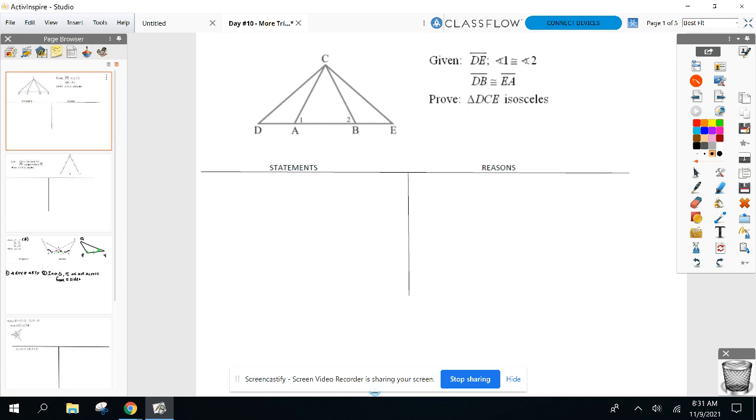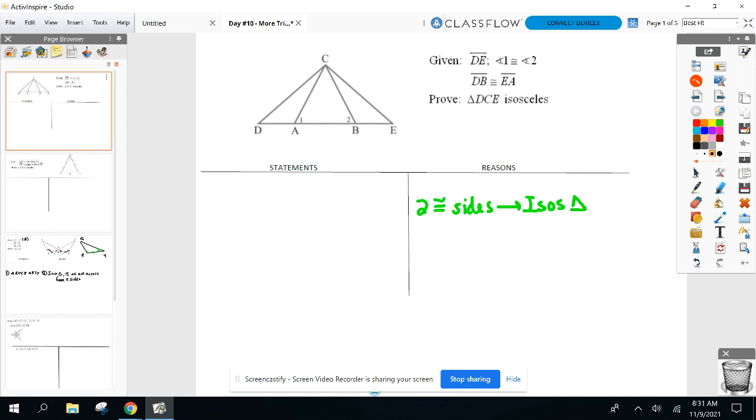Yeah, go ahead. When you say in the proof that a triangle is isosceles, what reason are you supposed to give at the end? Depends what you did. If you prove two congruent sides, I would be fine with two congruent sides implies isosceles triangle.